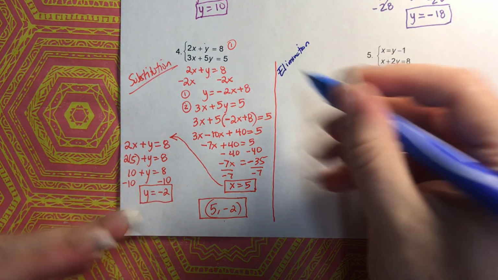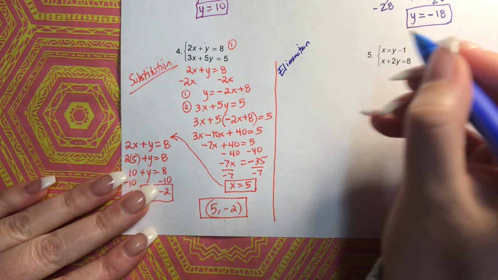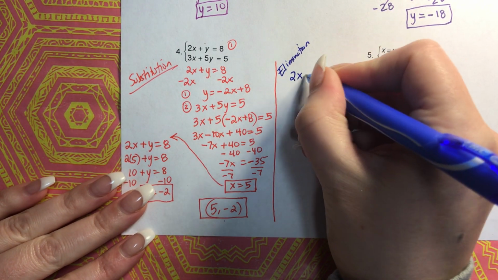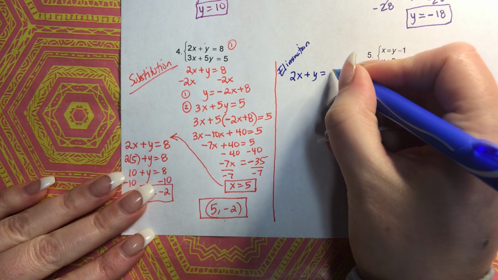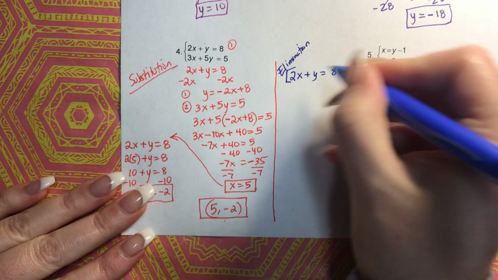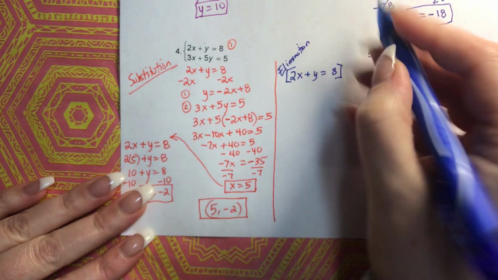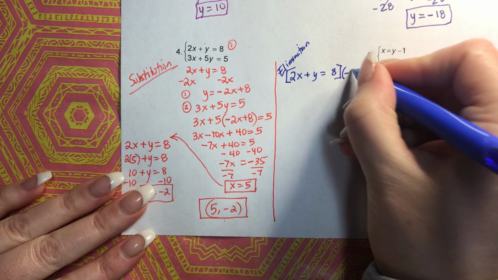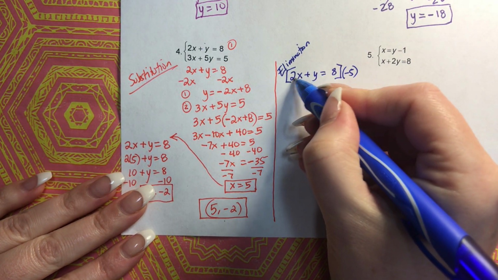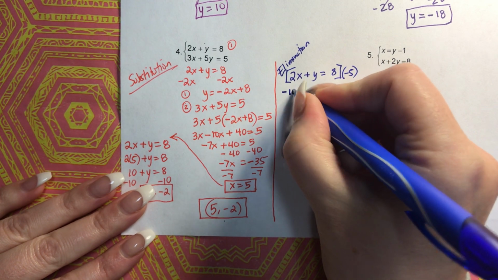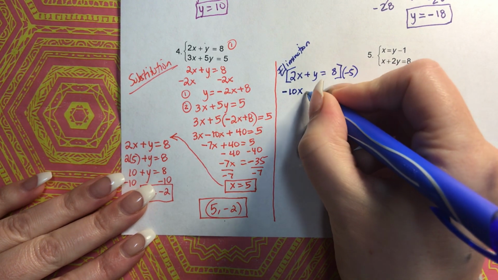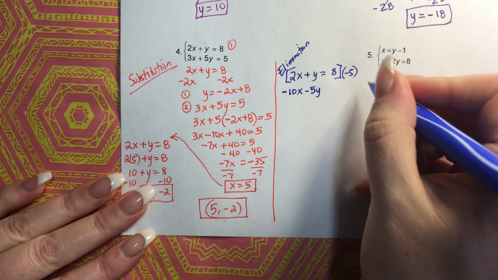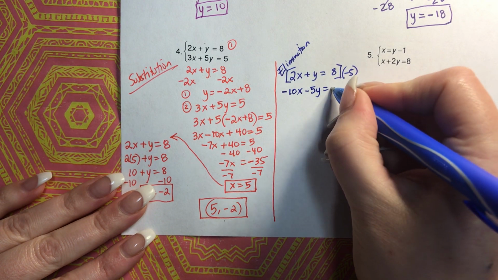Okay, so I would say with this first equation, what I would do is multiply the whole thing by -5, right? Because you need same number, opposite signs. So -5 times 2x is going to give me a -10x. -5 times positive y is going to give me a -5y. And that's going to give me -40.